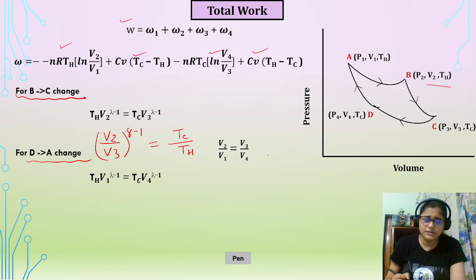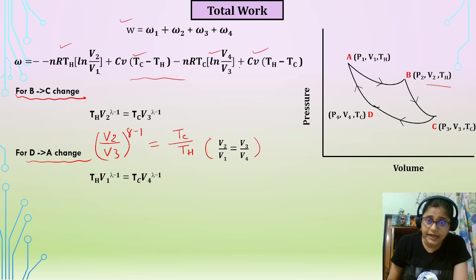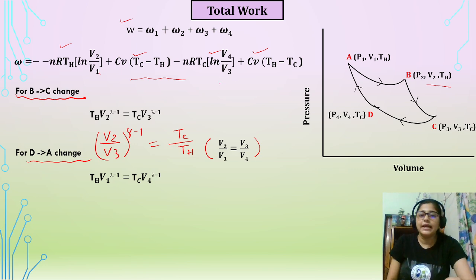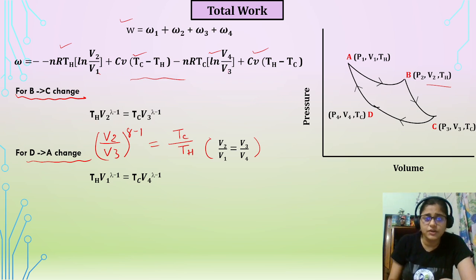Now what to do with this value? Why are we doing this? Because we want to simplify this whole equation. If you put the value of V3 by V4 here, we can simplify the equation, but here we can't see V3 by V4, so we have to reverse it and take a positive sign.